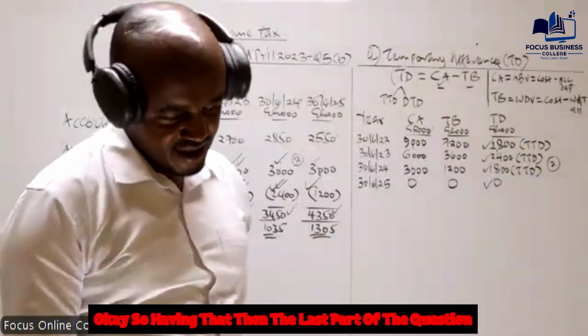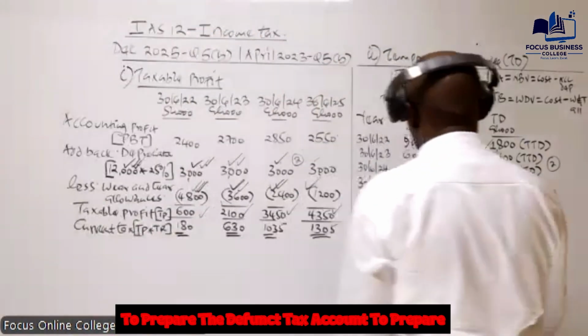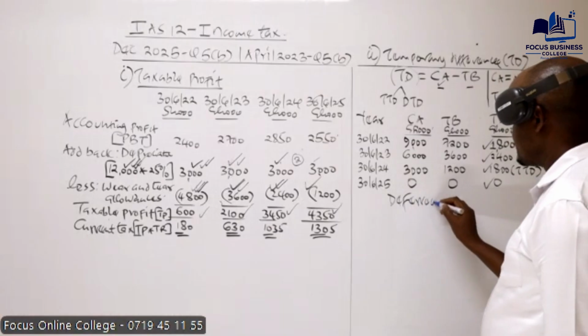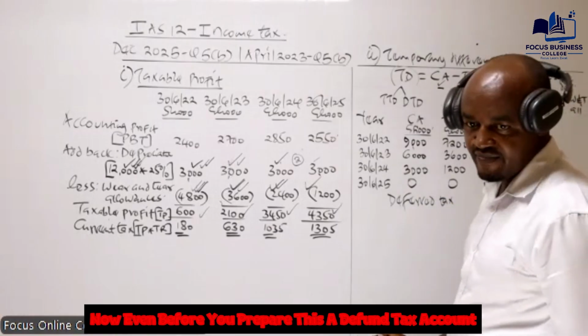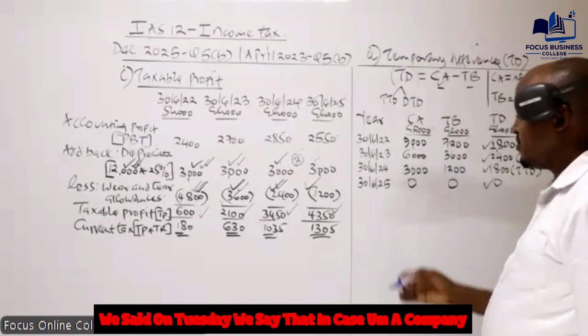Okay, so having that, the last part of the question requires us to prepare the deferred tax account. Now, even before you prepare this deferred tax account, remember what we said on Tuesday.